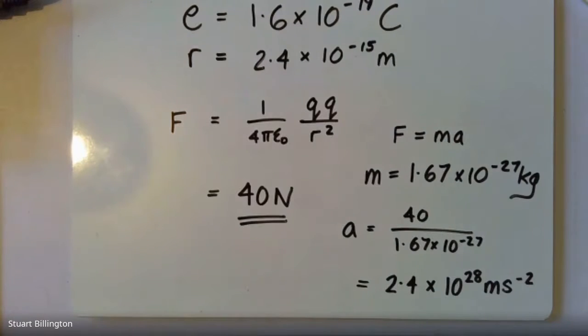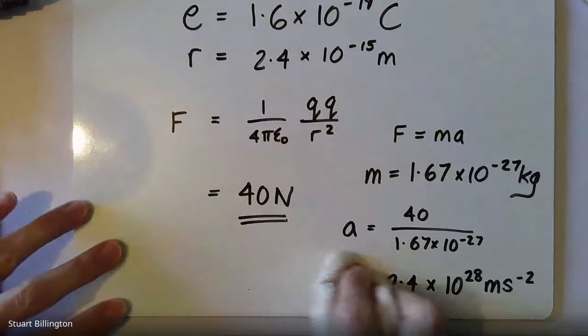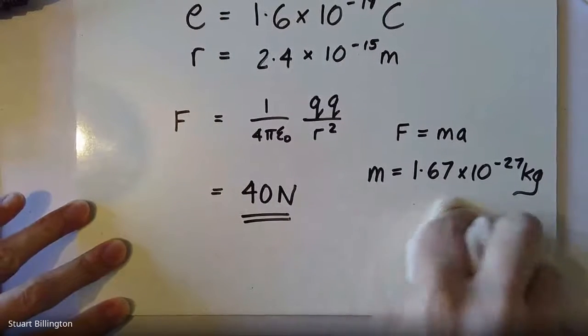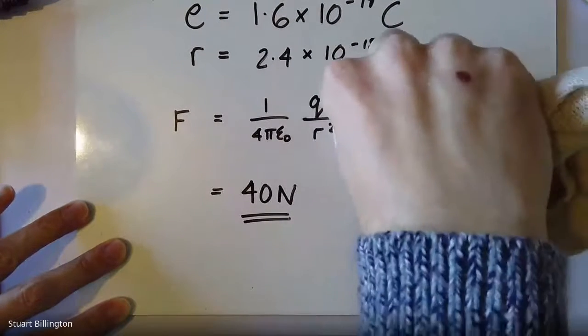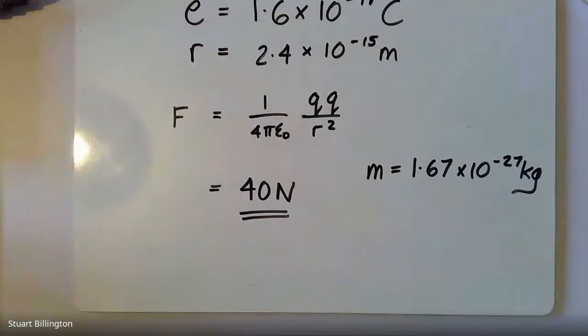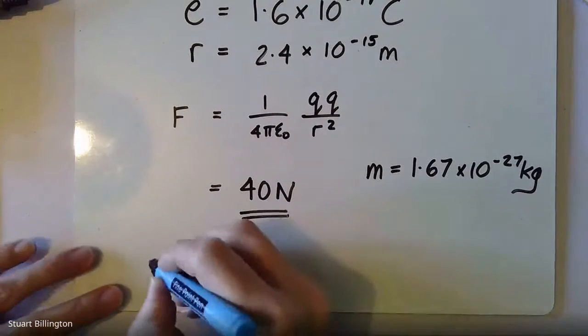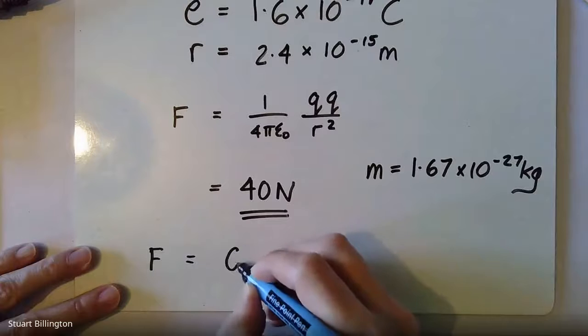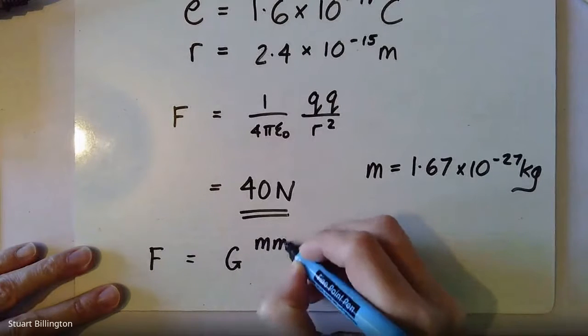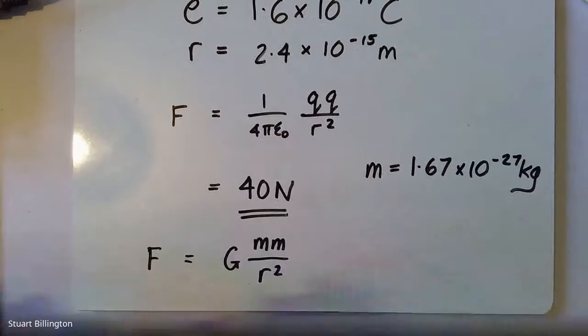So we've got a repulsive force of 40 newtons. What I'd just like you to do now is work out what the attractive force due to gravity is. So if you remember your gravity formula, it's GMm over r squared.